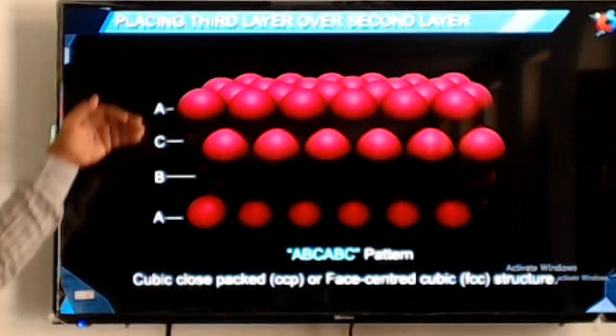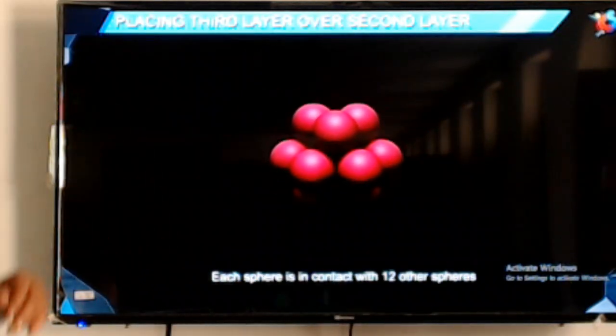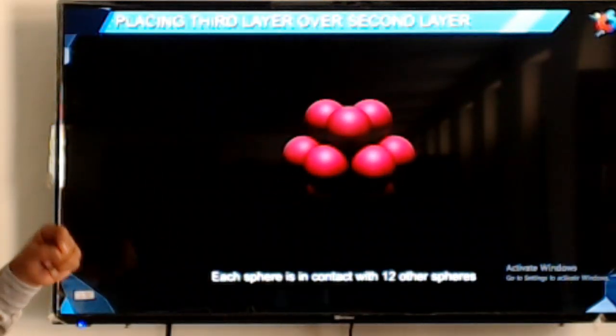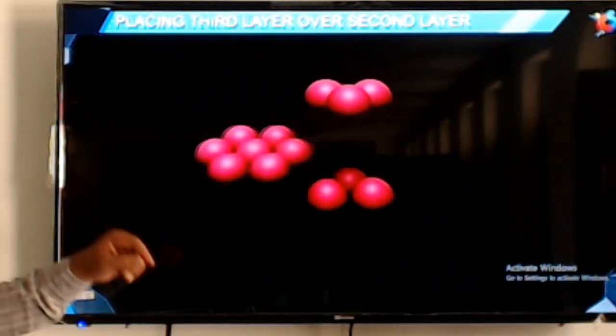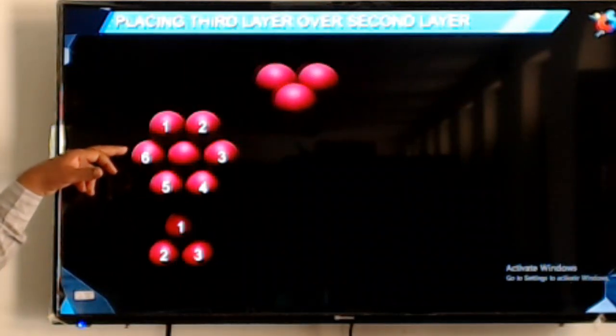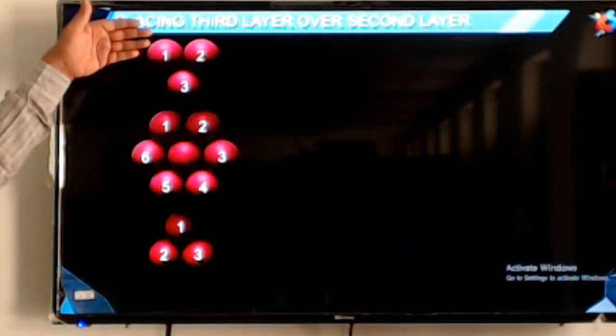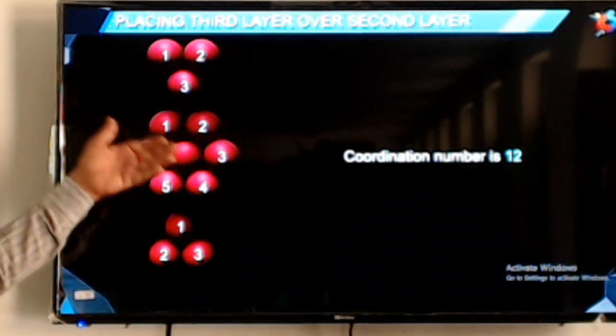Okay, so this is three-dimensional hexagonal close packing. In three-dimensional hexagonal close packing also, the coordination number is 12. So 6 particles in the middle layer, 3 particles above the layer, and 3 particles below the layer. 6 plus 3 plus 3, total 12.